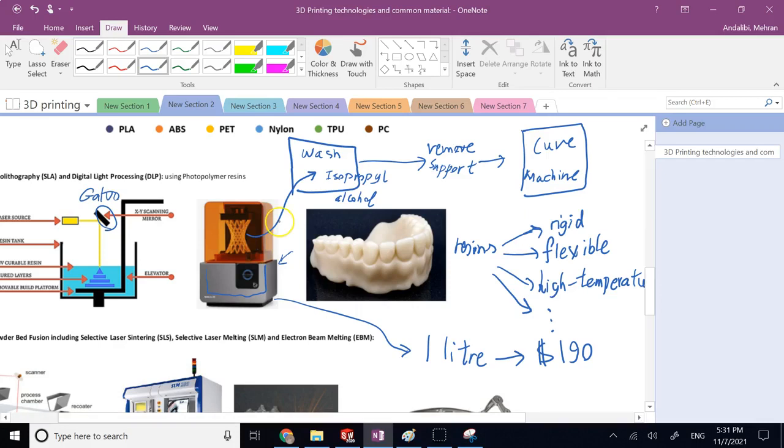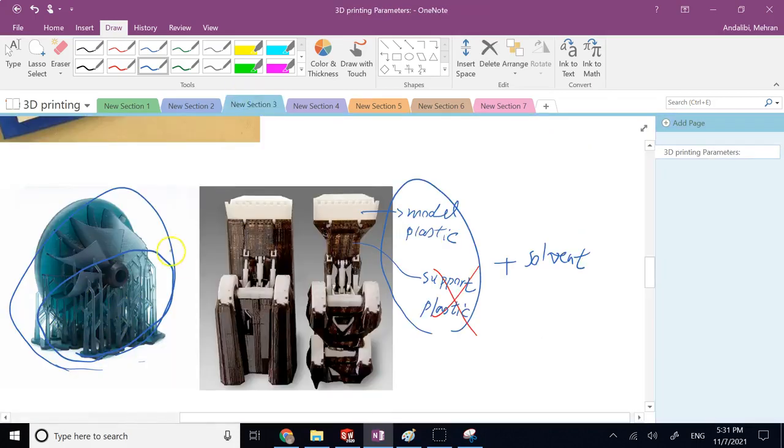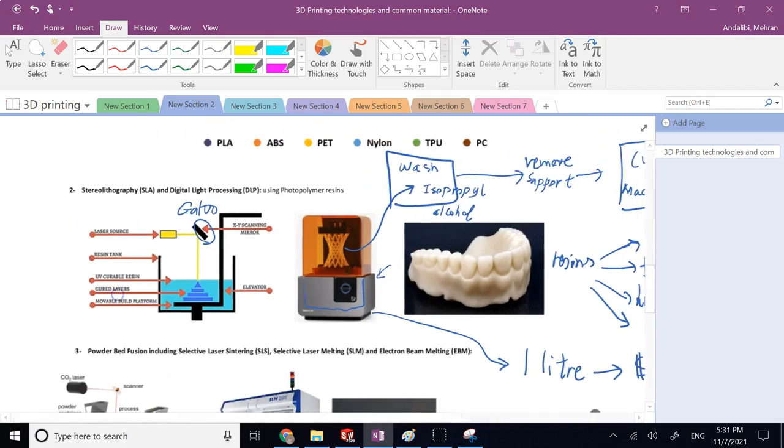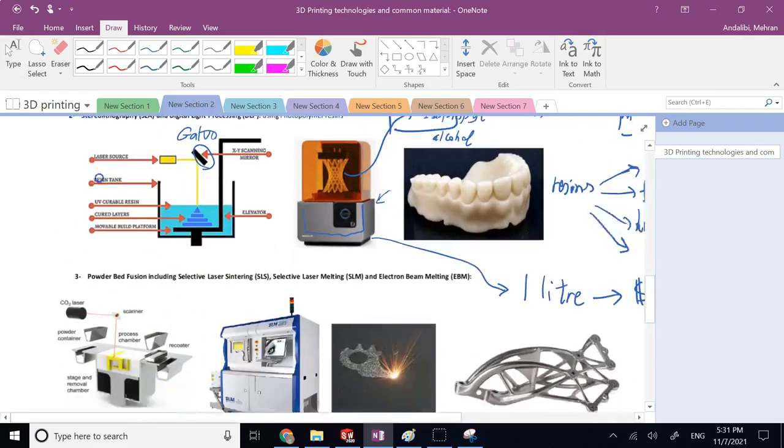And if there is waste material like this, you're not going to throw it in the trash can, because it is not biodegradable. You have to safely dispose of it based on the environmental regulations in your area. So resins are really specialized for special applications, and they are not really meant to replace FDM for regular applications.